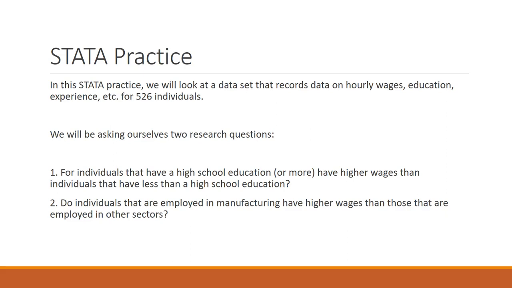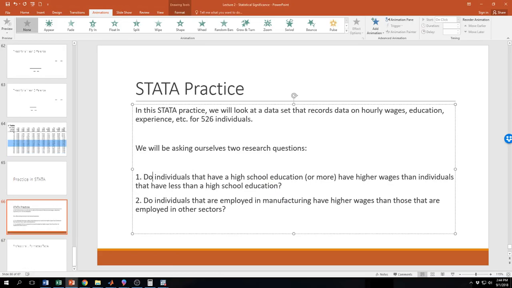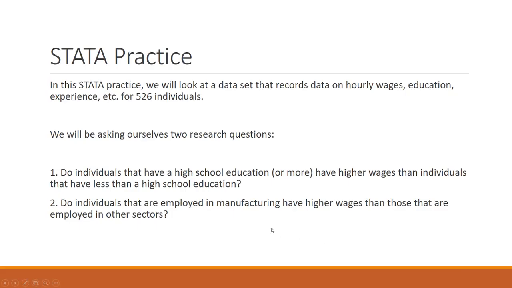The first question is, do individuals that have a high school education or more have higher wages than individuals that have less than a high school education? We're going to use some hypothesis testing.